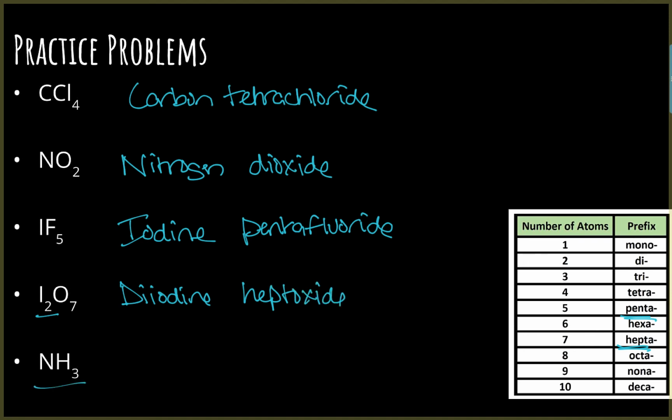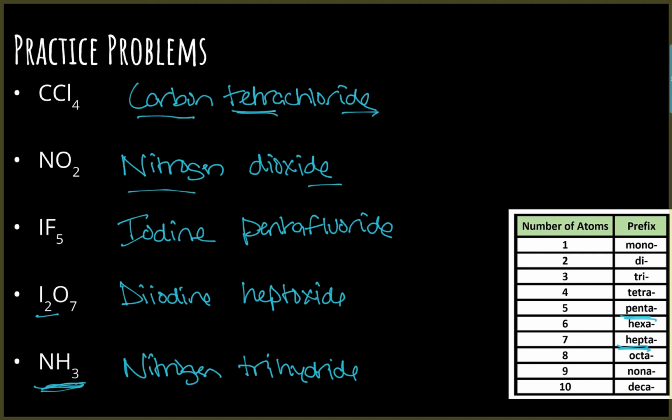And then last one, this is another one that has a common name. This one is called ammonia, but we're going to call it nitrogen trihydride. So name of the first, IDE on the second, prefix always on the second element, prefix on the first element if there's more than one.